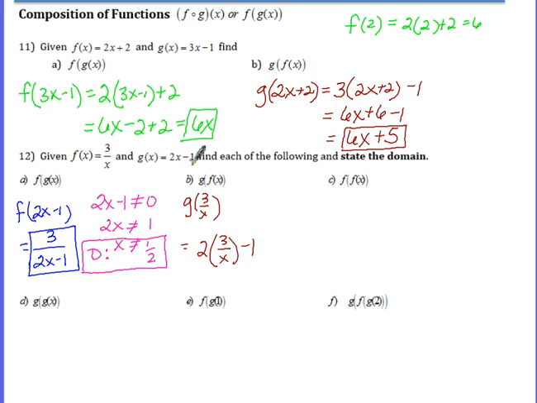We looked at the g function, and anywhere we saw a variable, we input the f function, which is 3 over x. Now we simplify, so we've got a 6 over x minus a 1. So we're finished with our composition. That's our answer to what g of f of x is.